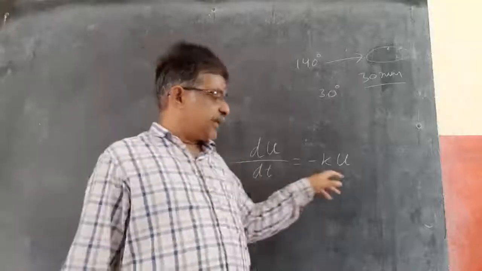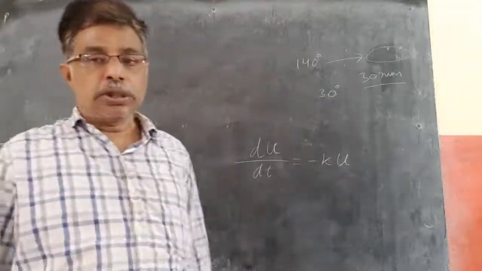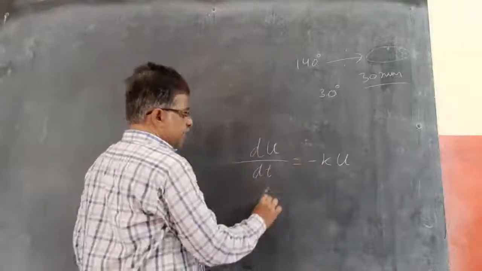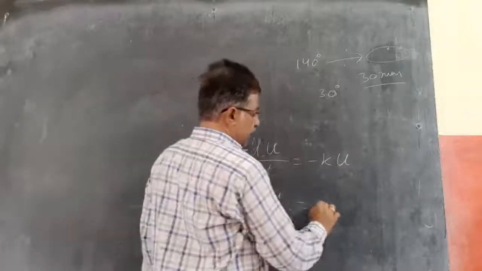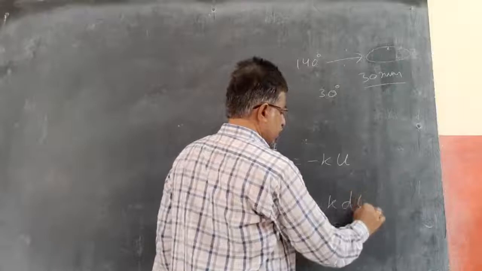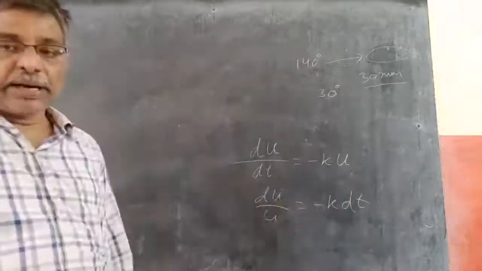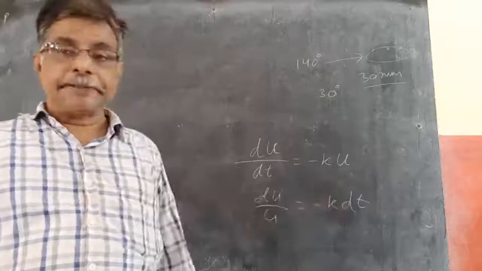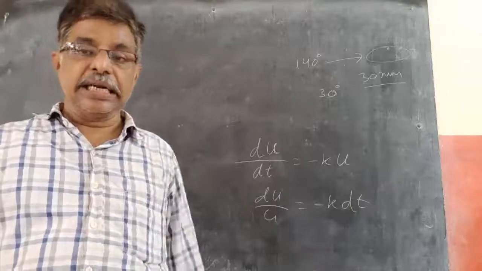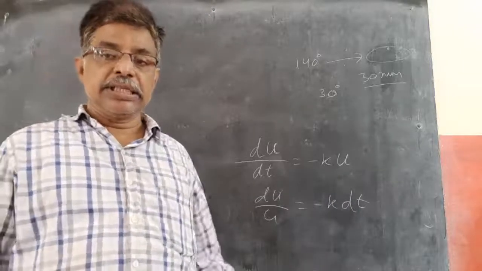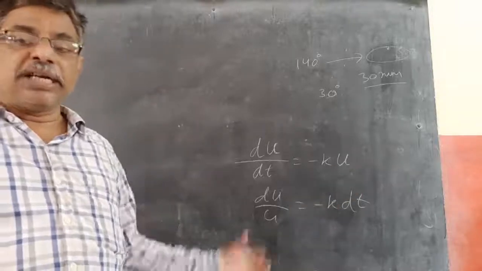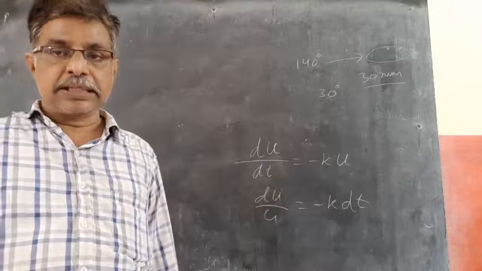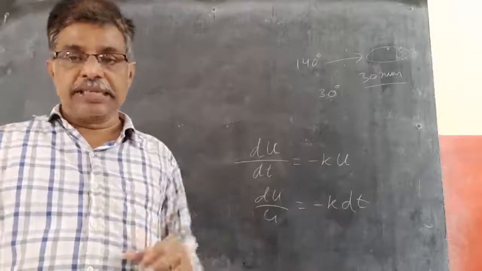Bringing u to this side, du by u equals minus k dt. Integrating on both sides, you will get a relation between the mass of the object, the time taken and the proportionality constant. Using this, you can find how many years it will take to reduce to one fourth of the original mass. This is how it works for radioactive elements in chemistry.